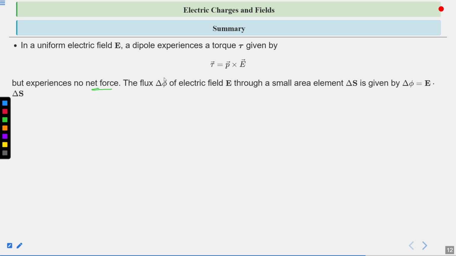And the flux delta phi of electric field E through a small area element delta S is given by delta phi is equal to E dot delta S. And what is the dot product of E and delta S? It will be E delta S cos theta. Yes or no?